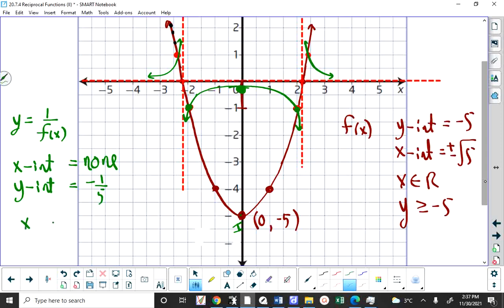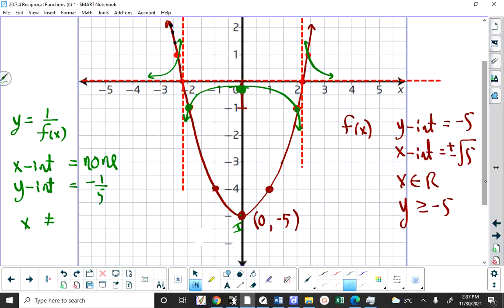What's the domain? How do we write the domain? Well, what I'm going to do is write that x is not equal to something. What can x not be equal to? James?